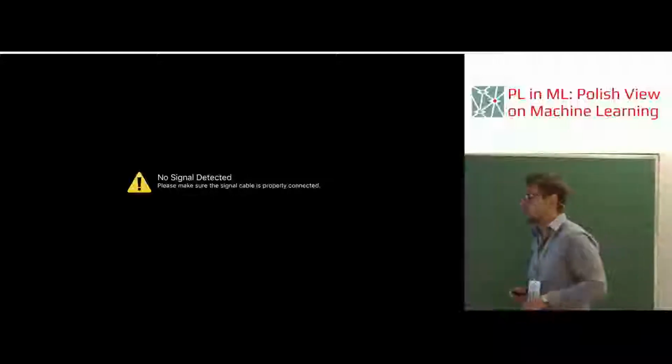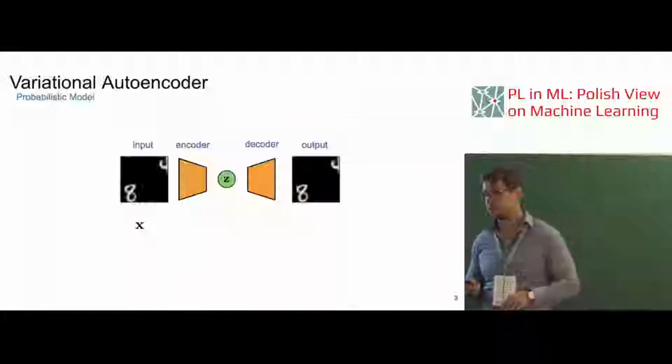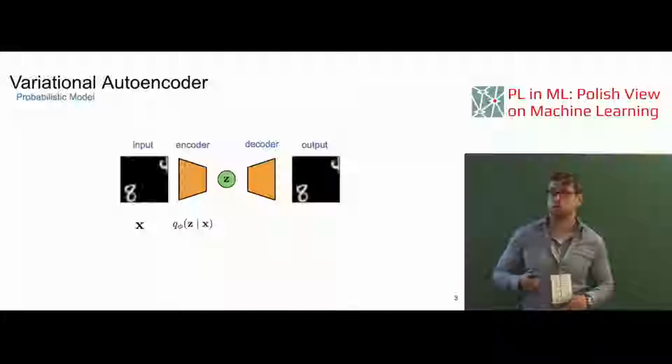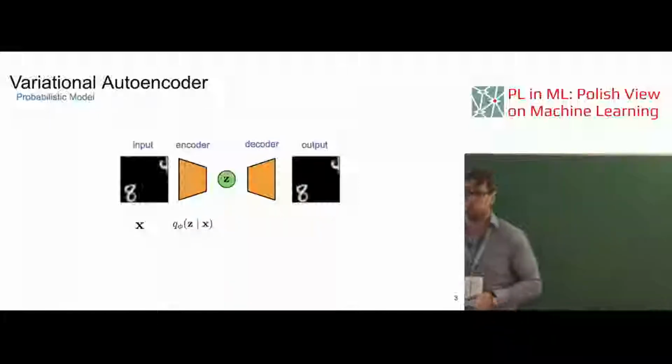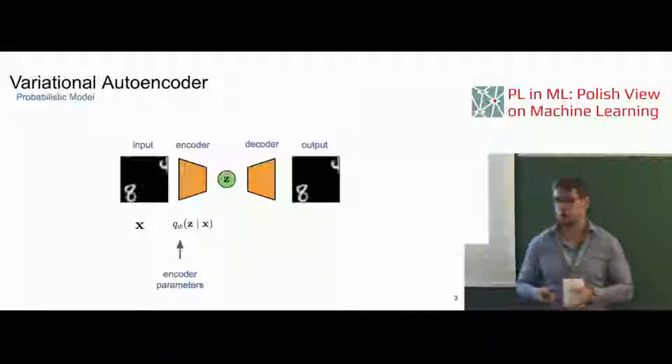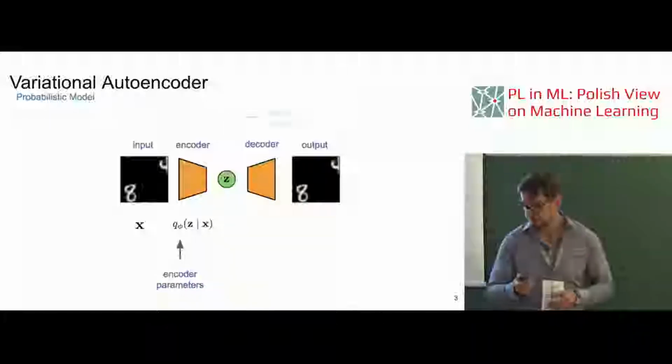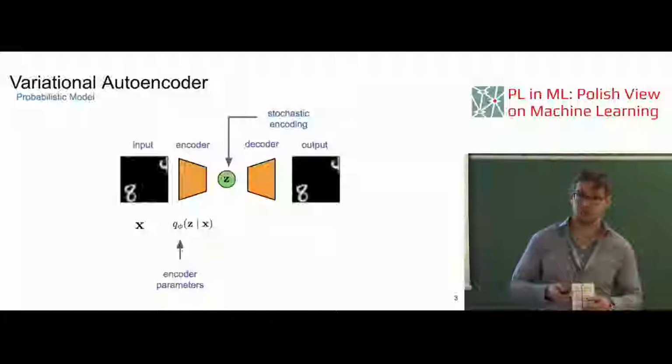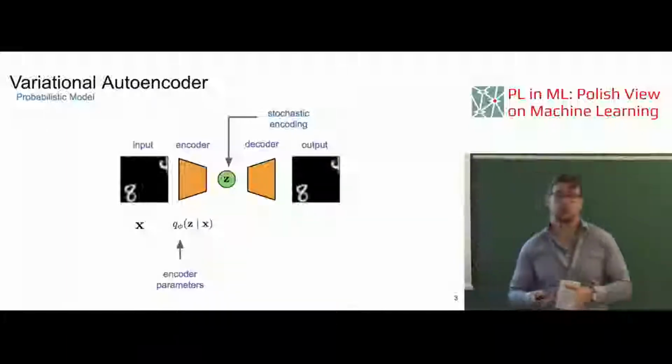More formally, let's say we have some input X, and our encoder really provides a probability distribution, Q of Z given X, with some encoder parameters denoted by phi. This encoding is stochastic.